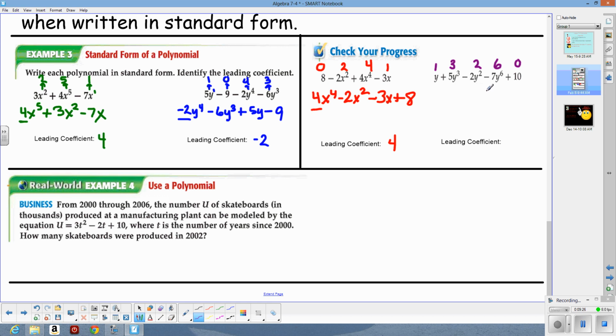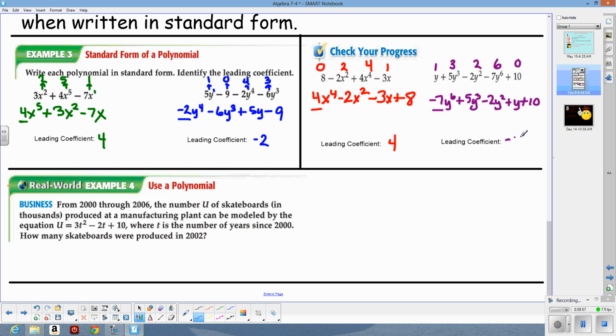In order from greatest to least, we're going to put negative 7y to the 6th plus 5y to the 3rd minus 2y squared plus y plus 10. The leading coefficient is going to be negative 7.